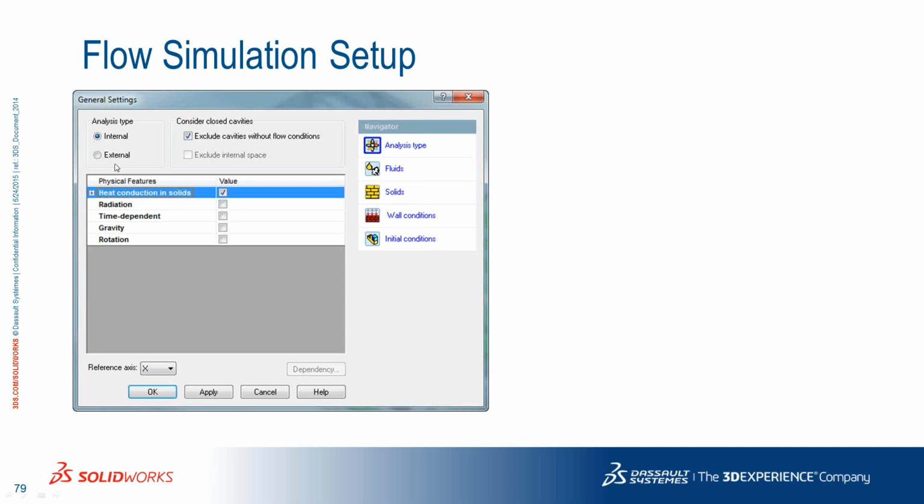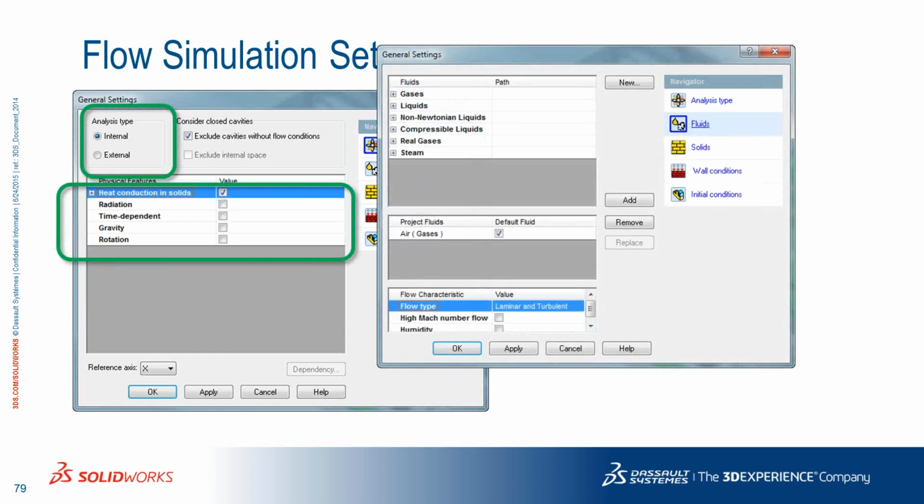Now we can combine that fluid flow with some physical features, like simulating a little bit of multi-physics, where we say, all right, in this case, we want to account for heat convection effects, and so on. And then finally, we say, all right, the fluid I'm going to use is air. The good news is we provide you with a database of different types of fluids to choose from, and you can also custom create your own materials in flow simulation if need be.